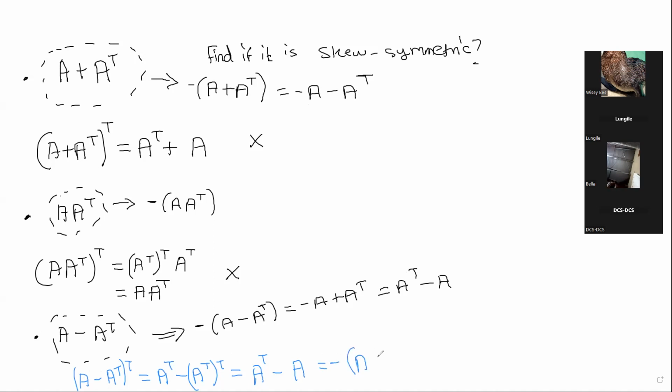It's going to be A minus A T. What's going on here? Why is my pen freezing? Minus A T. It's the same thing, right? Negative plus. Yeah, it's the same thing. So it's a negative of this, which is skew symmetric.